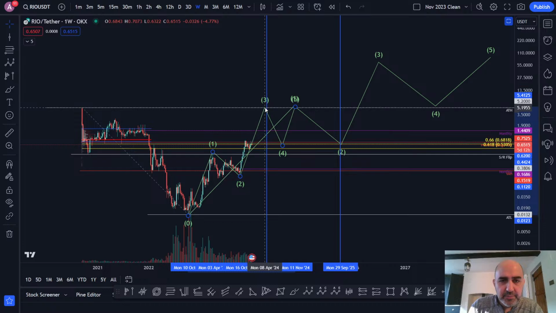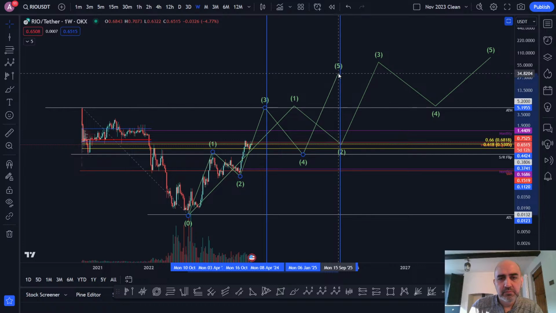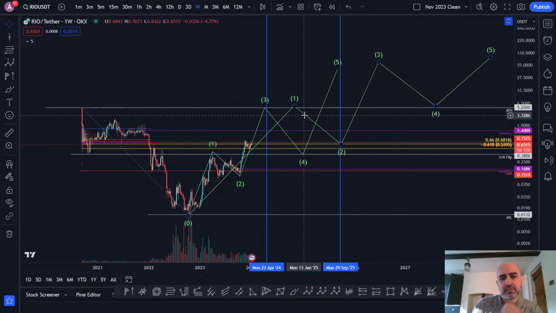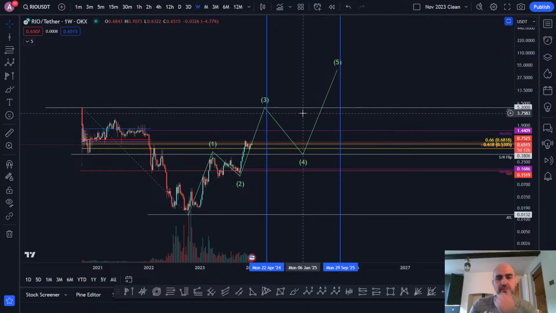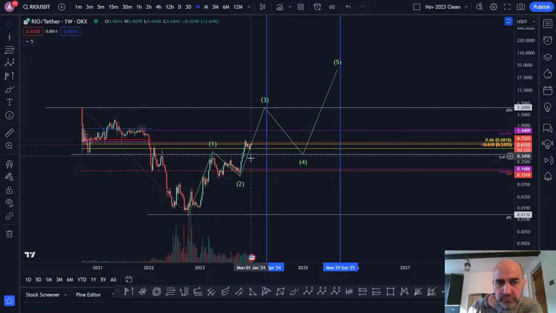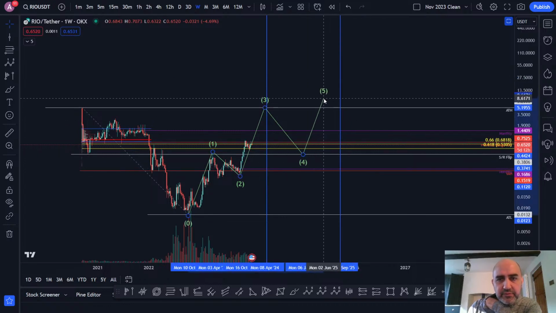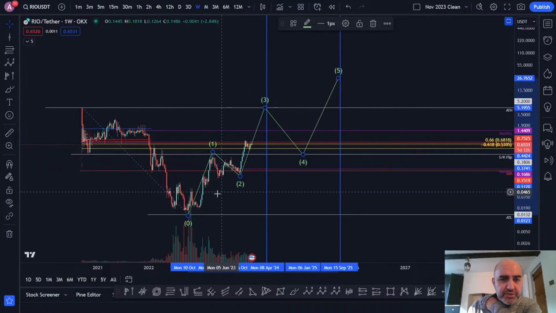So could we get up to 3 and then we have a 4 and 5? Could that be it? Could that just be it? Could this just be the 3? We correct, and then we have a really crazy 5. Or could this just be the 1?